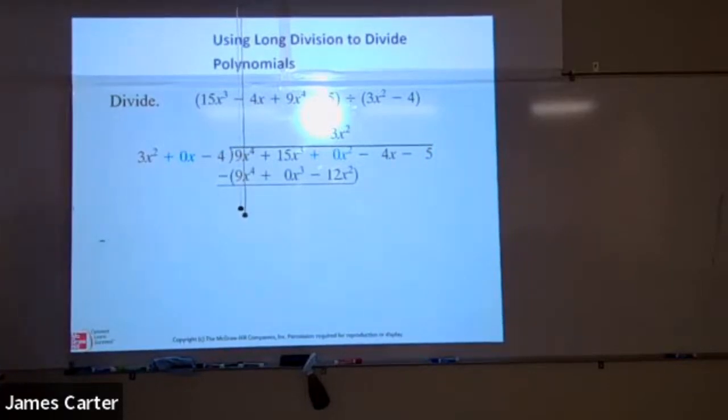Okay, notice they got 1, 2, 3 terms for the answer. Okay, we got that. When we multiplied, now we're going to subtract everything and in the process change the signs. Well, they didn't show it. Bad on them.